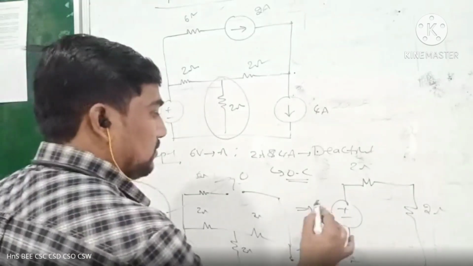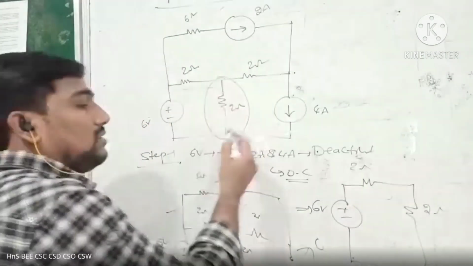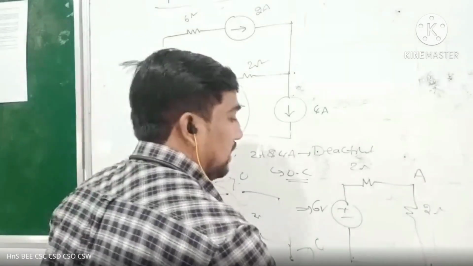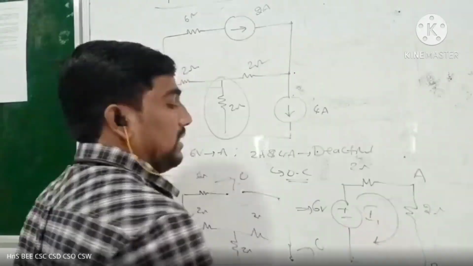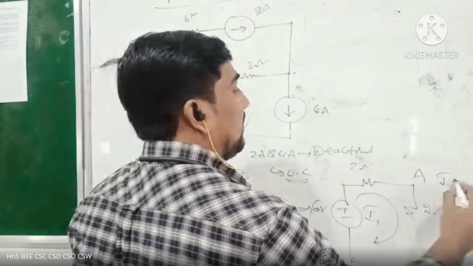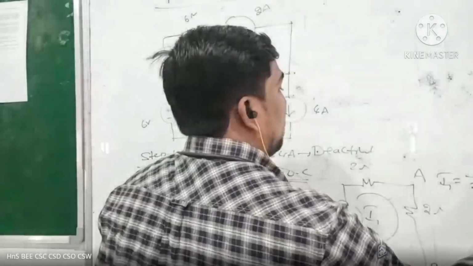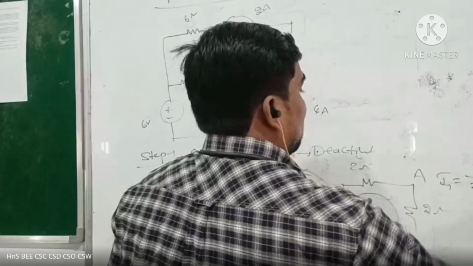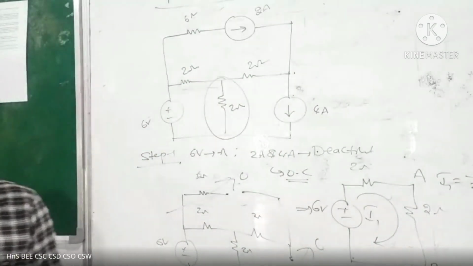This is the 6 volts and these will be the 2 ohms and 2 ohms. Now find the current across the middle resistance, that is nothing but between A point and B point. Now find the current based on Ohm's law. The I1 current is 6 by 2 plus 2, that is 6 by 4, 1.5 amperes. What is the direction? That is the A to B direction.